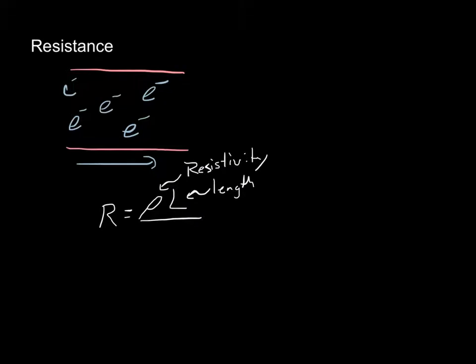And then that's divided by the area, or better put, the cross-sectional area of the wire or resistor itself.